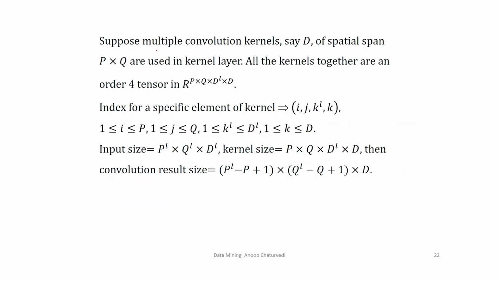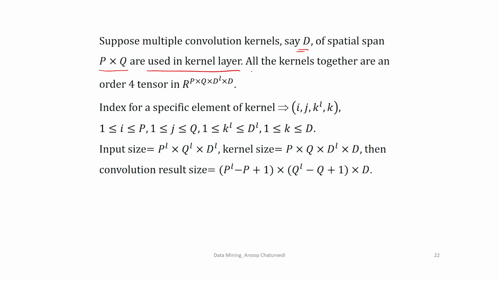Now, suppose you have multiple convolution kernels, say D of spatial span P cross Q. So, you are using D convolution kernels, and these convolution kernels are used in that particular layer.